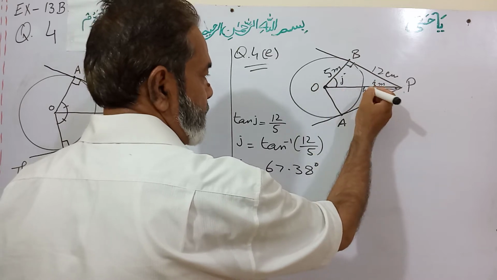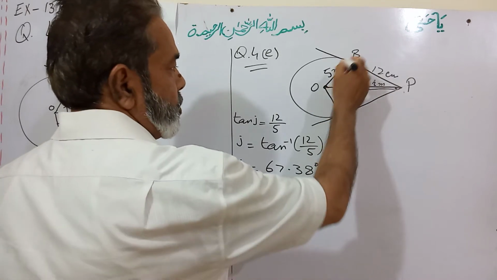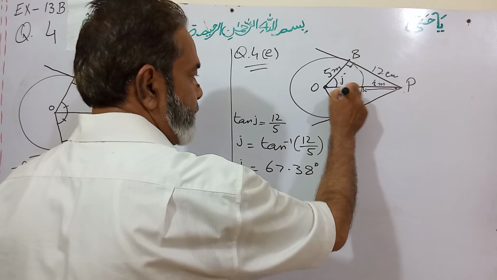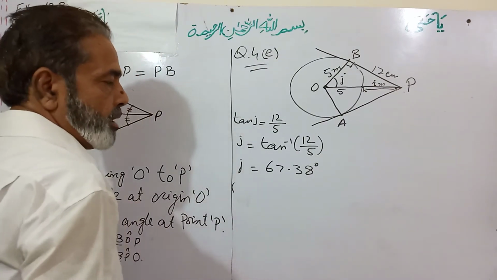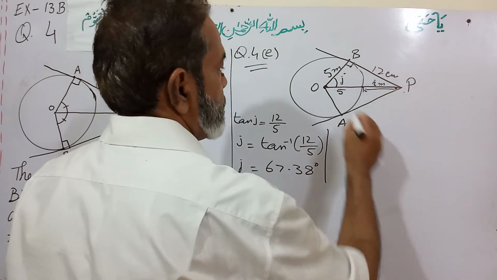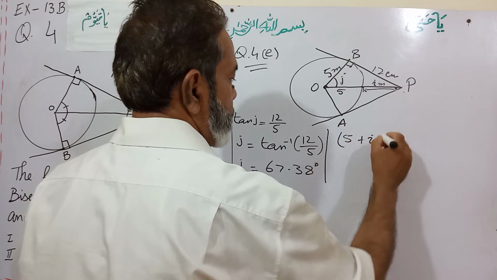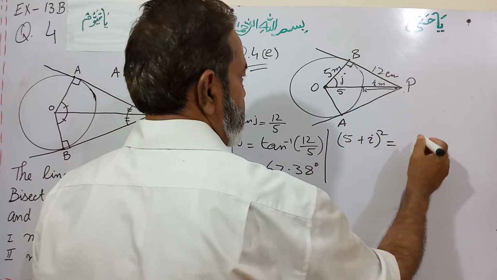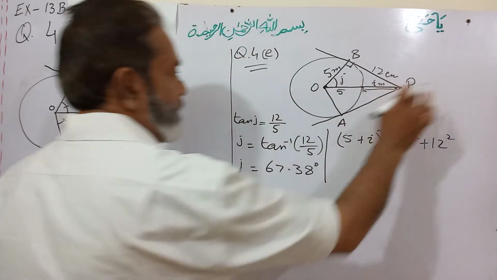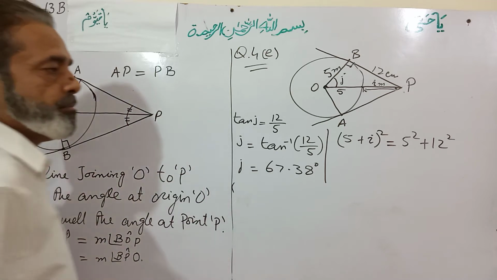Now, for the value of I, we will use the Pythagoras theorem, because from O to the point on the circumference is also the radius. So OB is the radius, so this is also the radius, 5. Using the Pythagoras theorem, (5 plus I) square is equals to 5 square plus 12 square, because OP is the hypotenuse of the triangle OBP.